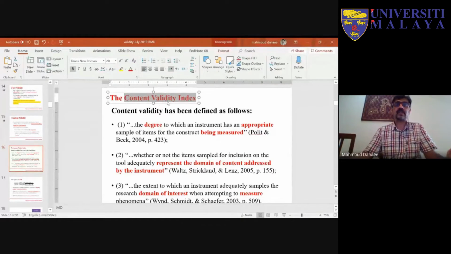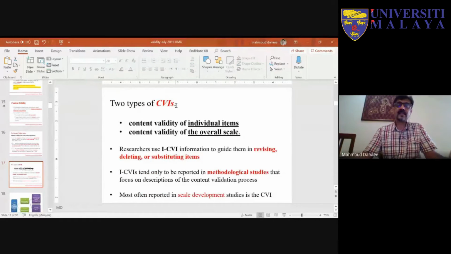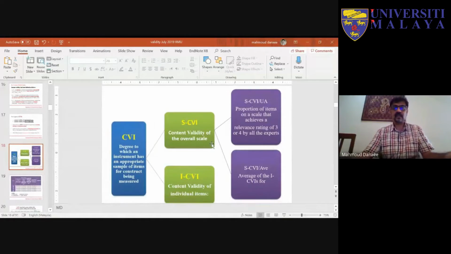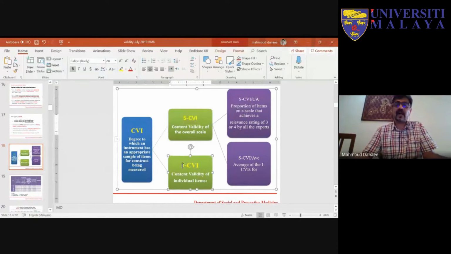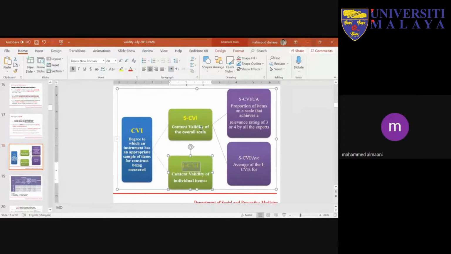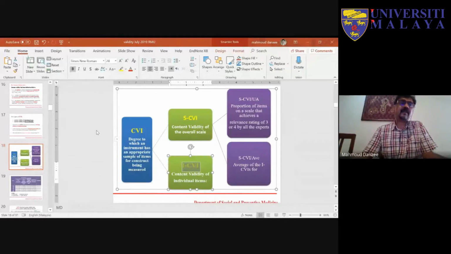The famous one is the CVI, the Content Validity Index, and also the S-CVI, the scale content validity. In this slide, you can see all these different types of content validity: the scale CVI and I-CVI, for item and scale. I will let you know how you can measure and quantify the content validity.